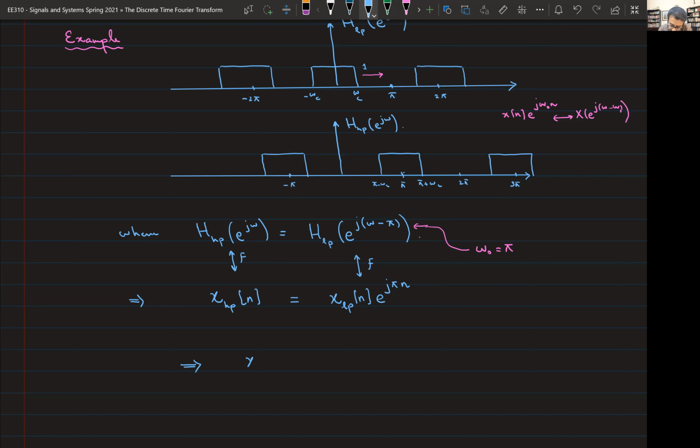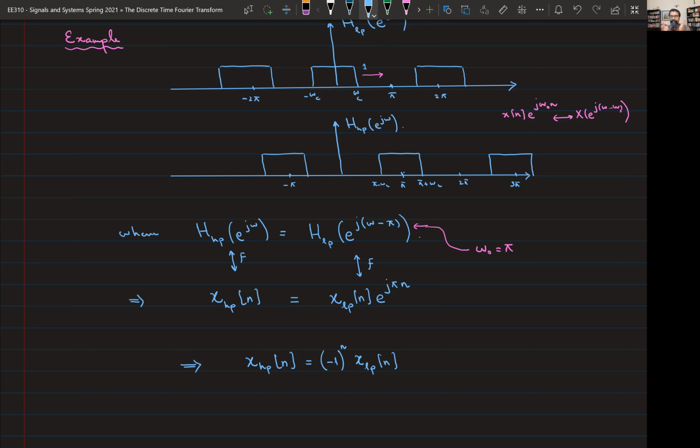So this high pass signal x is just equal to the low pass signal multiplied by -1 raised to power n. Excellent, right? So it alternates between +1 and -1. So this is -1 raised to power n.